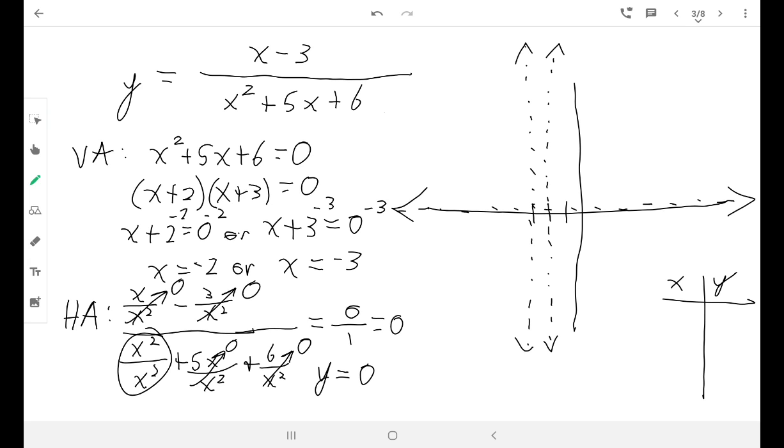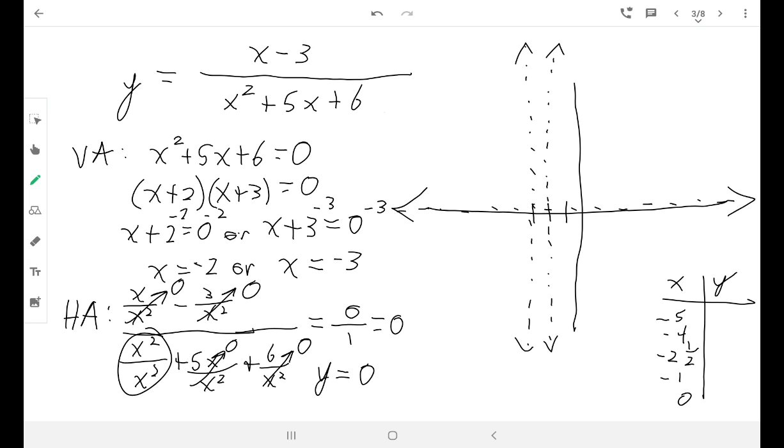So I might pick -5, -4, -3 doesn't help me, -2 doesn't help me, so it better be like -2.5. And then maybe -1 and 0. And that should tell me something.